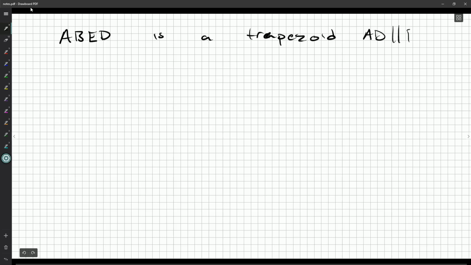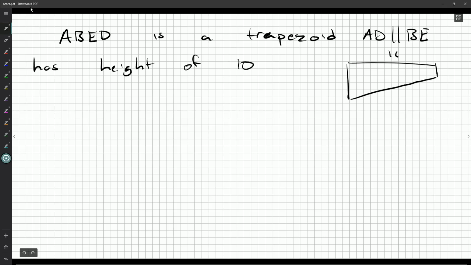AD is parallel to BE. It has a height of 10. And so I just need to figure out these sides here, which I guess using our notation from the first part of the question would be 6 minus D and 6 minus E.